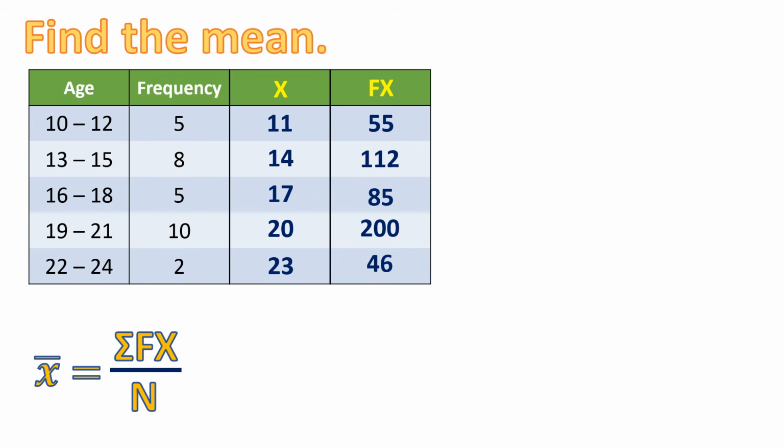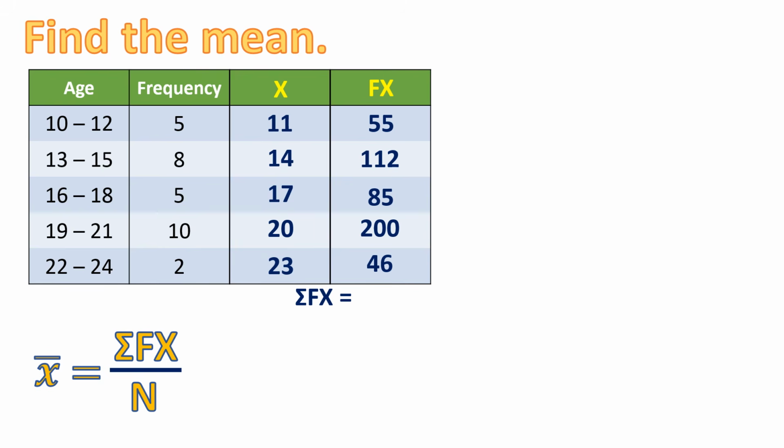After completing the table, because these are the columns that we needed for finding the mean, the x and the fx, then we will find the sum. The sum of what? We base on the formula, which is sum of fx, so we will get the total of fx. So we add all 55 plus 112 up to 46.